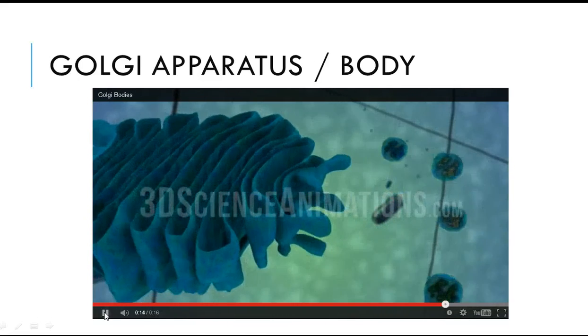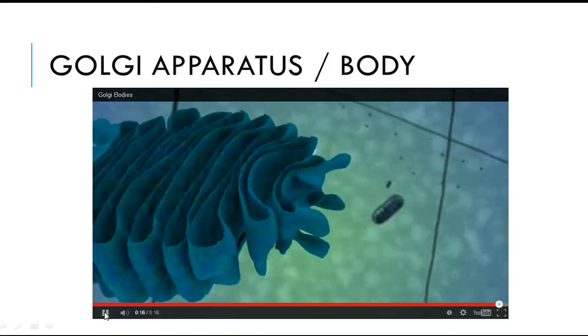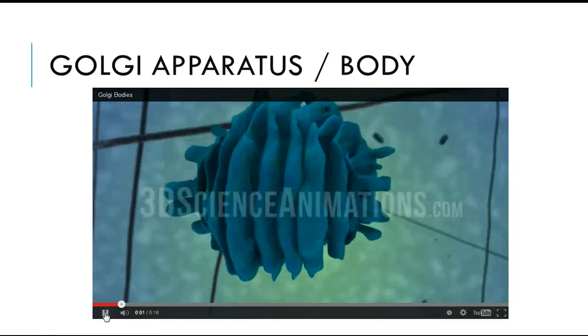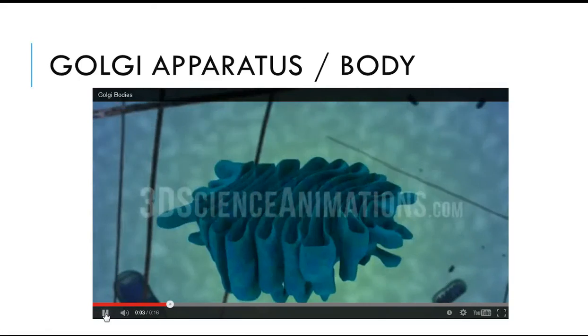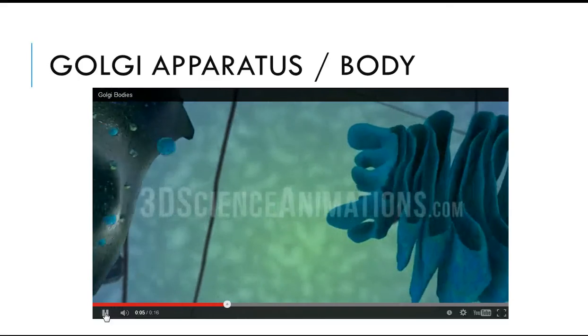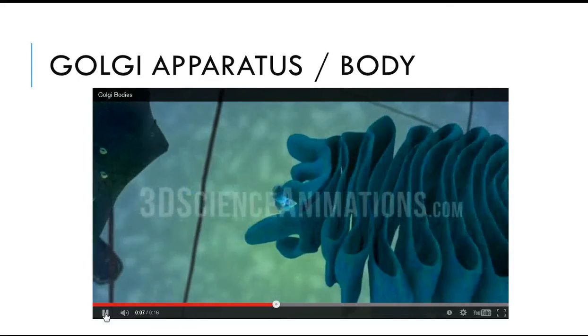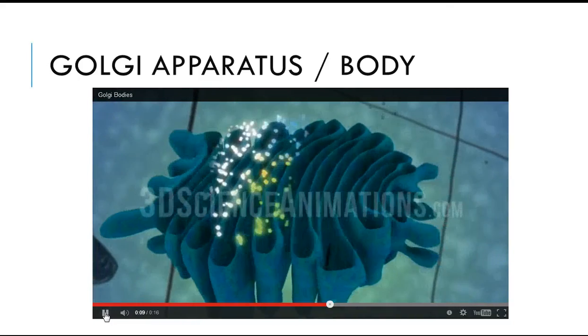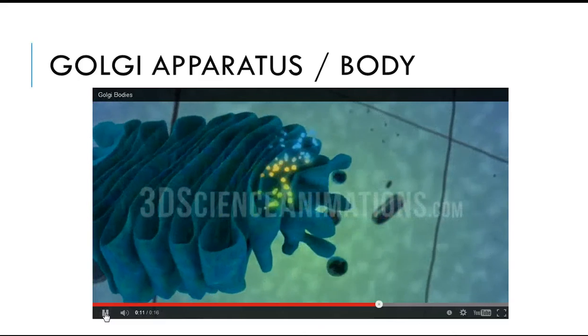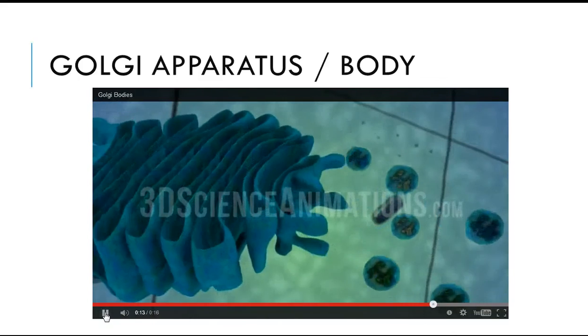Let me show it one more time. Vesicles containing newly synthesized proteins at the rough ER are transported over to the Golgi apparatus, where we're going to see they'll be modified and processed and then repackaged into new vesicles.